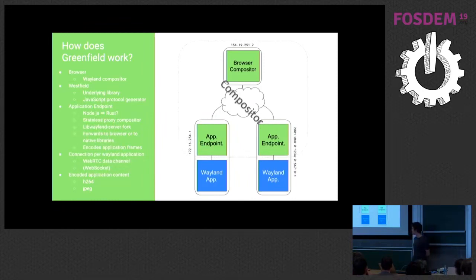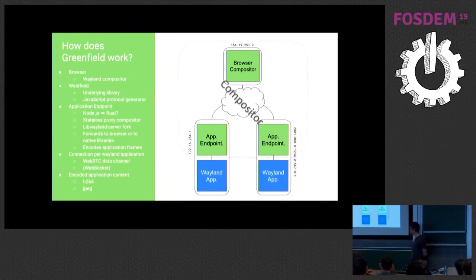It also uses a fork of libwayland server. The reason for that is that it needs direct access to the wire protocol, which is now mostly hidden in Wayland server, and we need those direct underlying wire messages so we can forward them to the browser. It also encodes application frames.